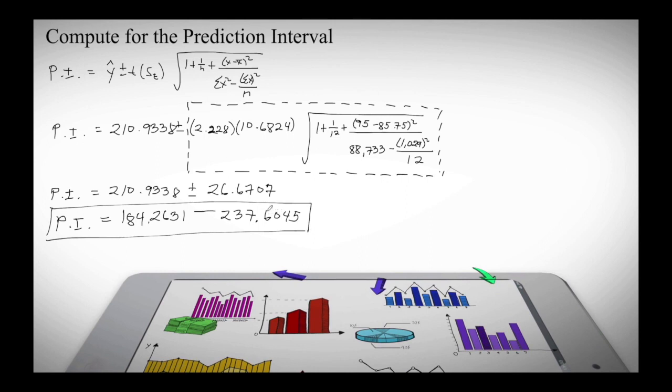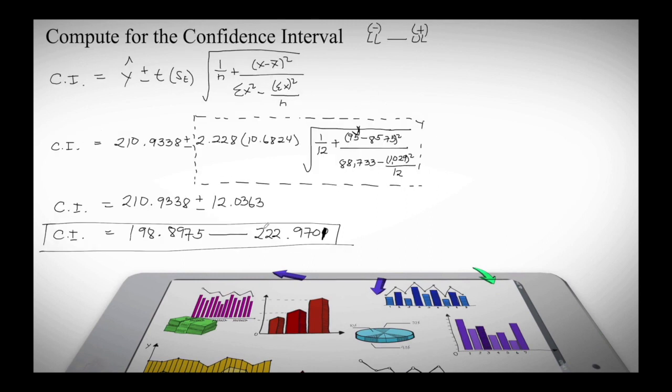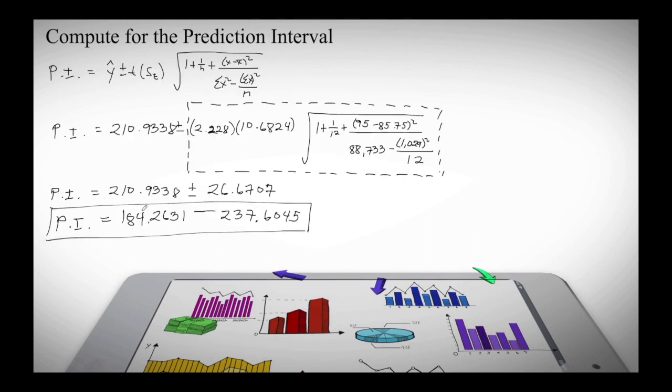The interval is quite large compared to our confidence interval. If you look, the confidence interval is 198 or 199 up to 223. So this whole span is the CI.